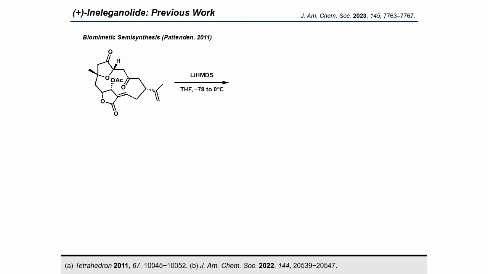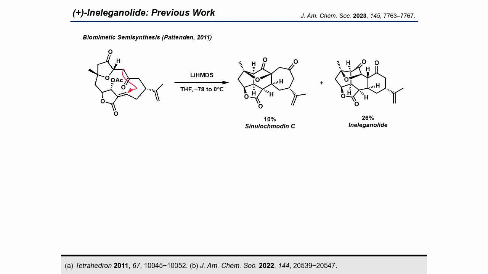As such, they isolated the natural product sinulacmodin C at 10% yield, and its isomer ineleganolide at 26% yield, with the initial 1,4 addition proceeding from either one of the 2 vicinal carbons to give rise to the 6,7 or 7,6 carbon framework.